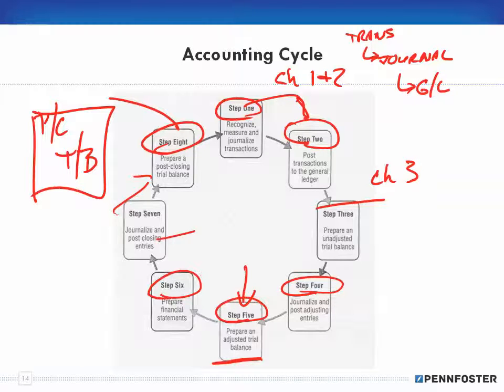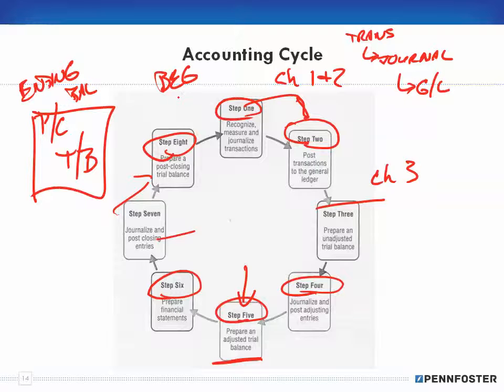Once we have that post-closing trial balance from step 8 here, those ending balances become the beginning balances for our next accounting cycle, and we start the process all over again with step number 1.